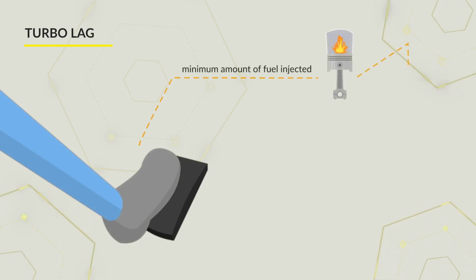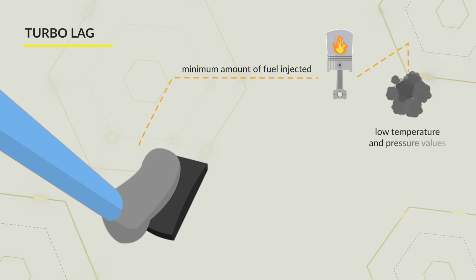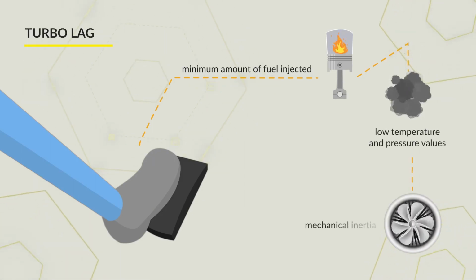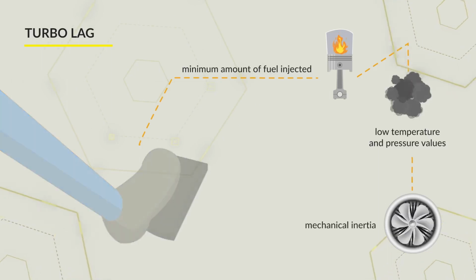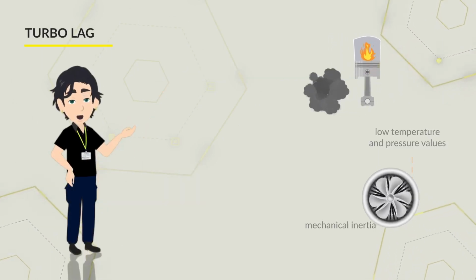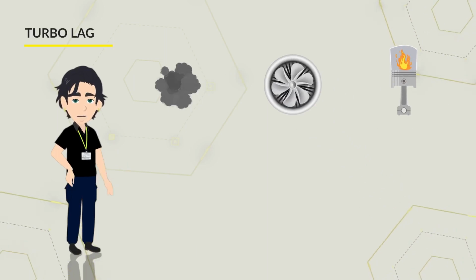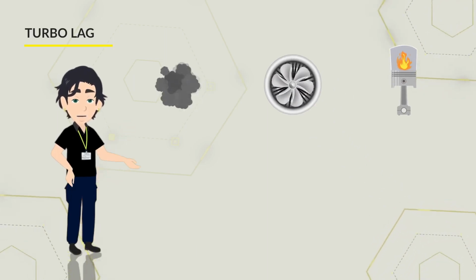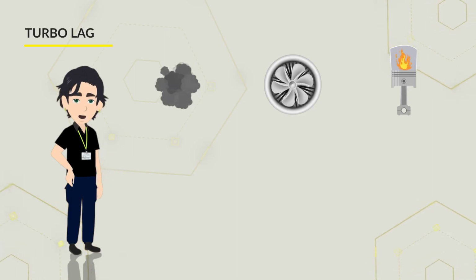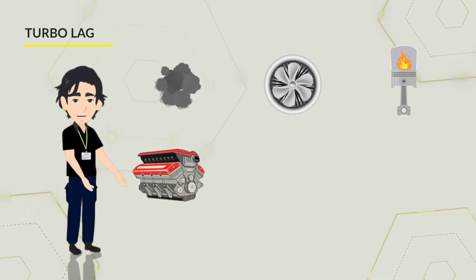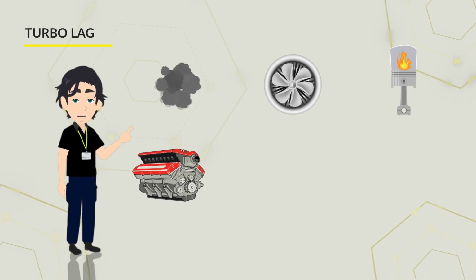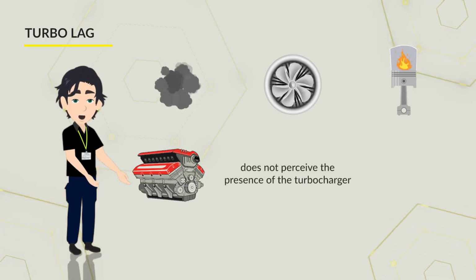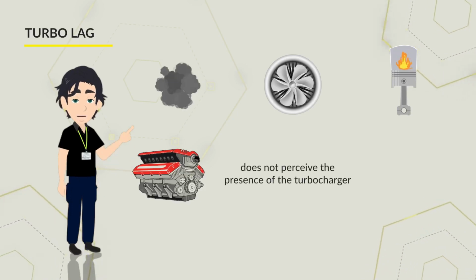The exhaust gases are therefore characterized by low temperature and pressure values, and in this phase, the turbine does not work at its optimum operating point. Due to the insufficient energy input of the exhaust gases and the mechanical inertia of the turbine compressor system, the compressor does not reach sufficient rotational speeds to allow significant compression of the air intake. In this situation, the engine, which draws in uncompressed air, does not perceive the presence of the turbocharger.